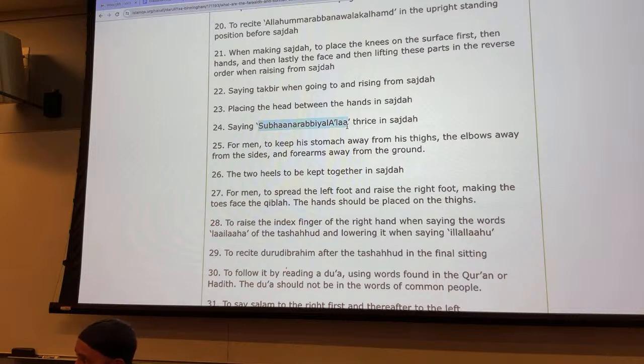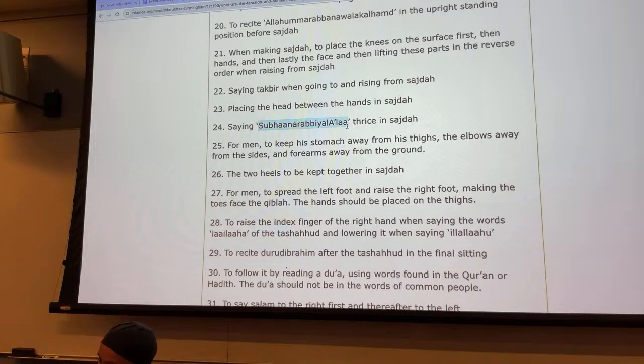So the distinction is that in the bowing, you're saying most great, and in the prostration, you're saying most high, right? But think about it from the standpoint of even the physicality of the prayer. When you're bowing to somebody, what does that denote in terms of an actual posture towards the majesty of the one you're bowing to? And when you're in prostration, it's like an ultimate sign of humility. In Islam, you only bow and prostrate to God. That's the only one worthy of that sign of respect and submission.